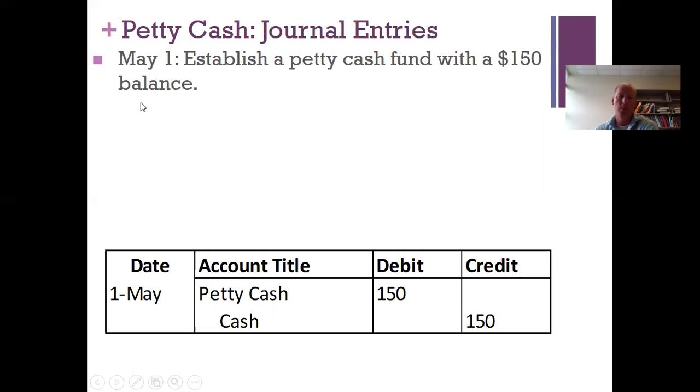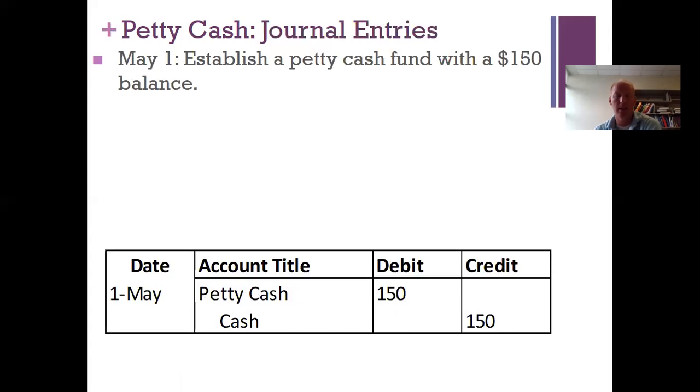So let's say we started out with a fund of $150 and then we decide we want to increase it. Then we would debit petty cash for another $50 to get up to $200, and credit cash for $50. The only time we deal with petty cash is when we're establishing the fund or changing the amount of the fund.